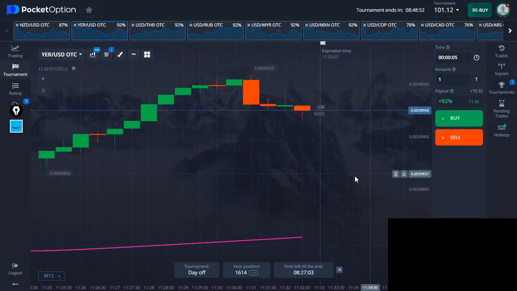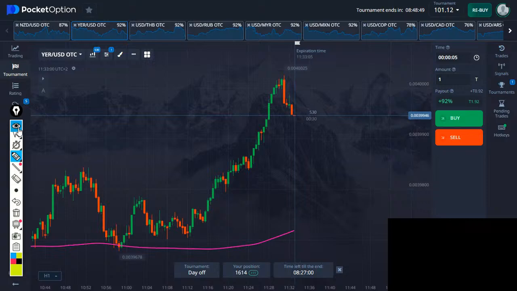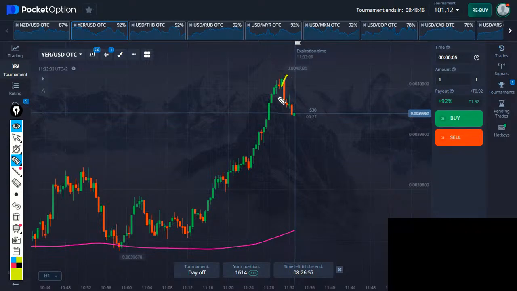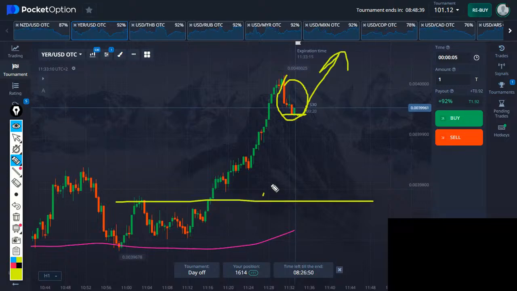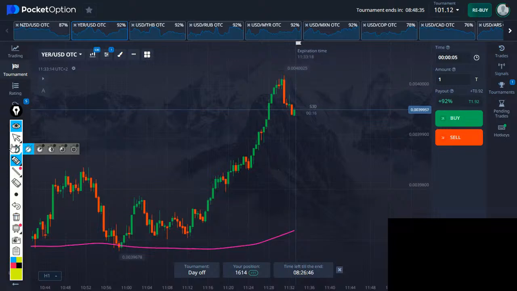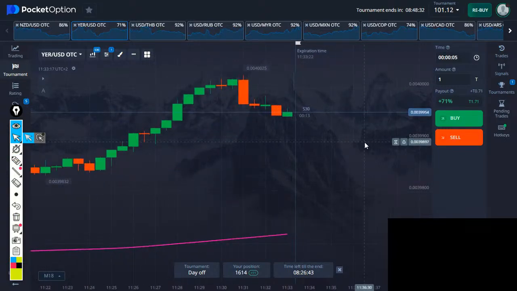Okay, so this might be a pullback, and the pair might jump back up since we have a clean push to the upside. The price is moving above the 200 simple moving average. So let's see the next candle.